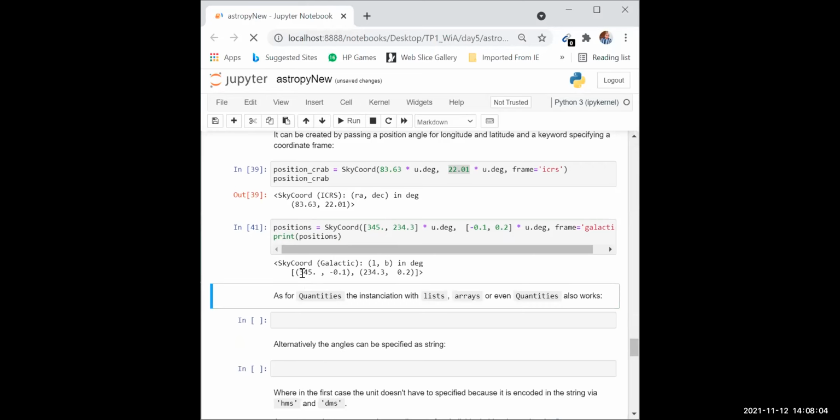For the first you have 345, and RA and DEC we have these 2, and for the second object we have these 2, right? So this is the way we can do it.